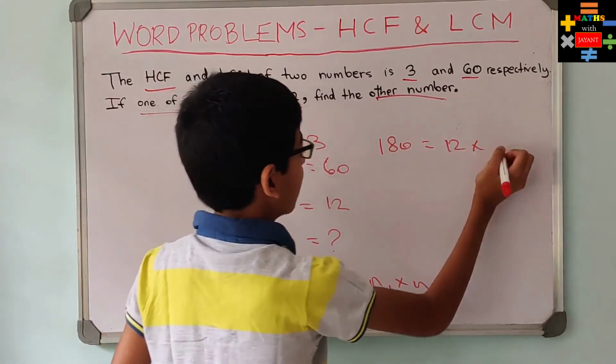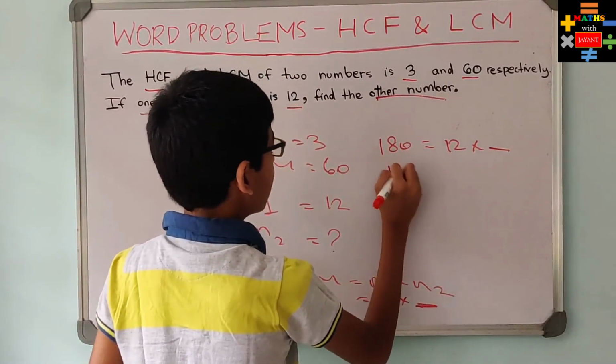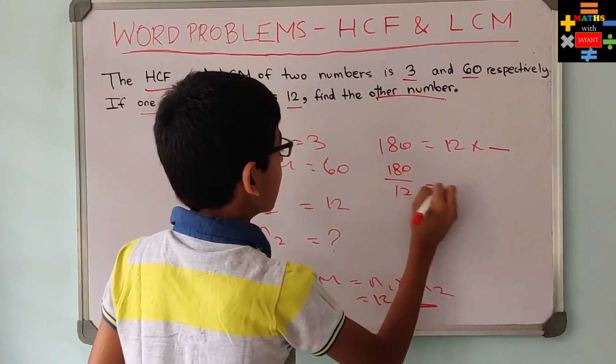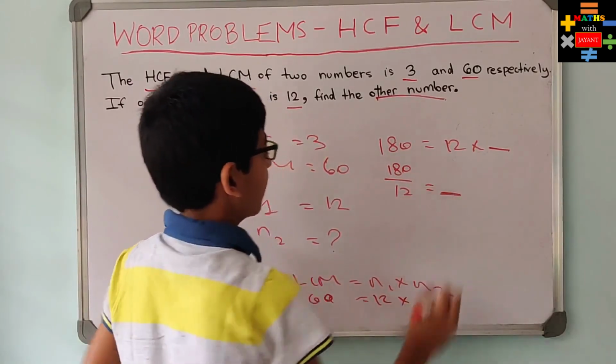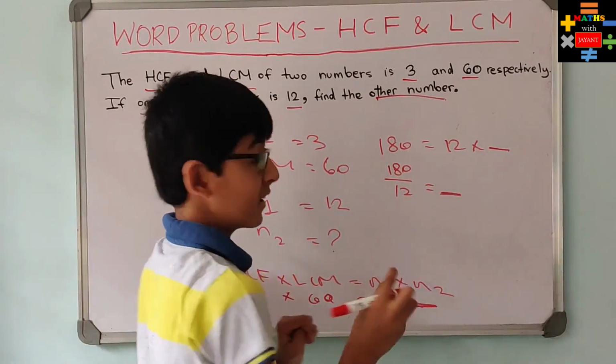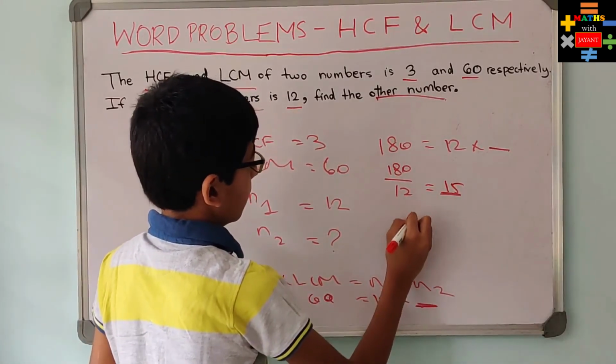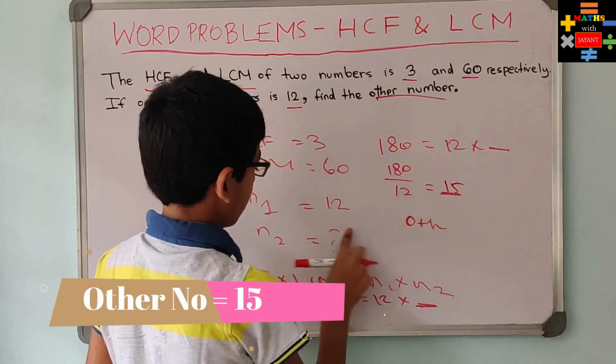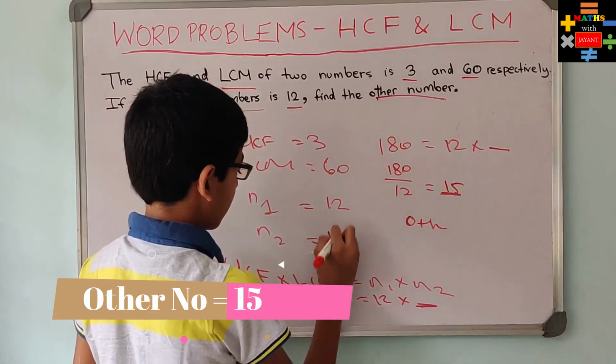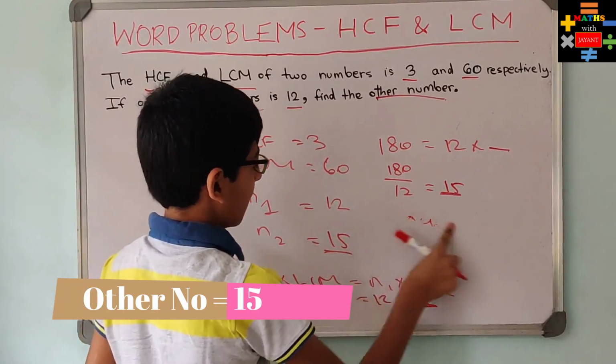And how do we find this other number? If we divide 180 by 12, then we are going to get the value of this number. So 180 divided by 12 gives us 15. So the second number over here is going to be 15.